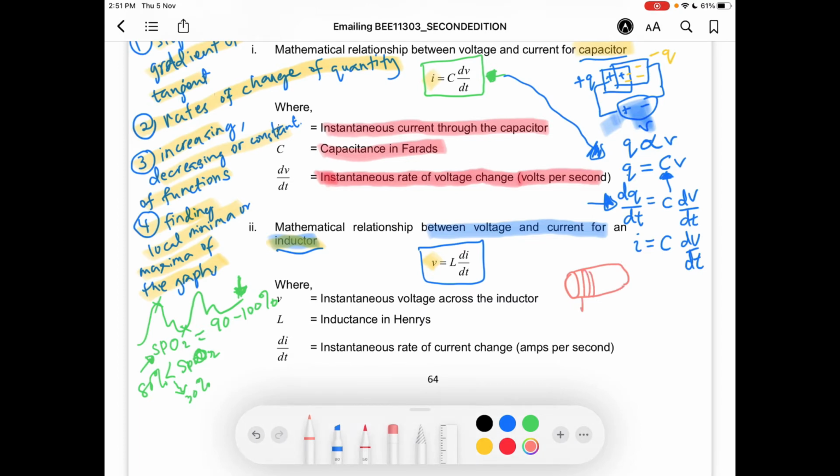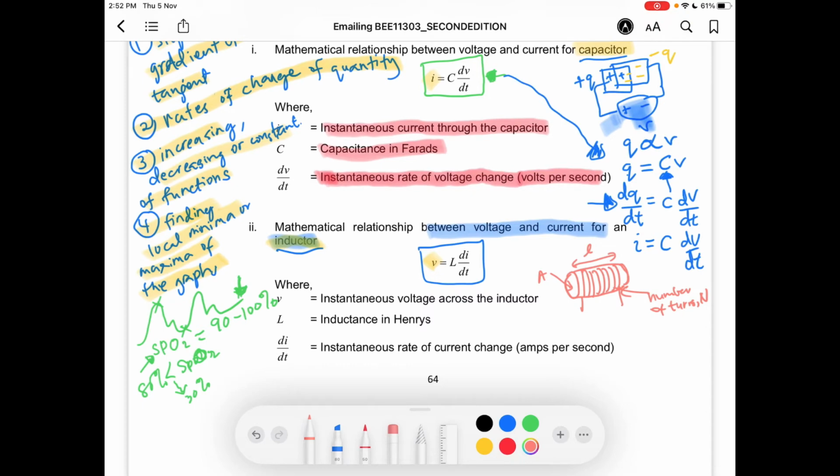This is the winding, the typical form of an inductor. We have the length, the cross-sectional area, and the core material, the cylinder one. We have the number of turns, the winding element here, which depends on the number of turns, or n.